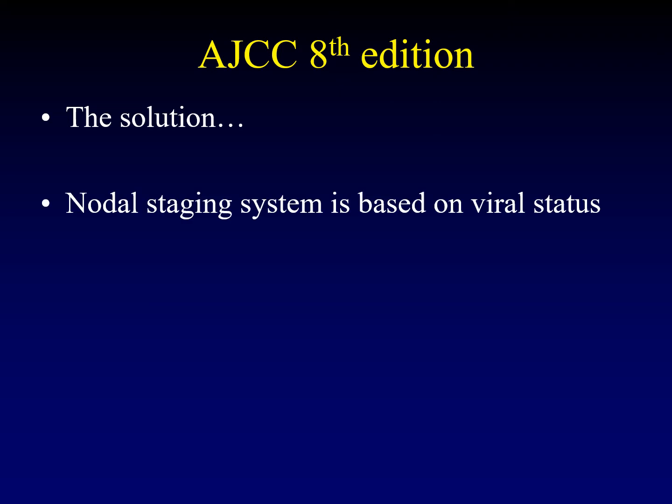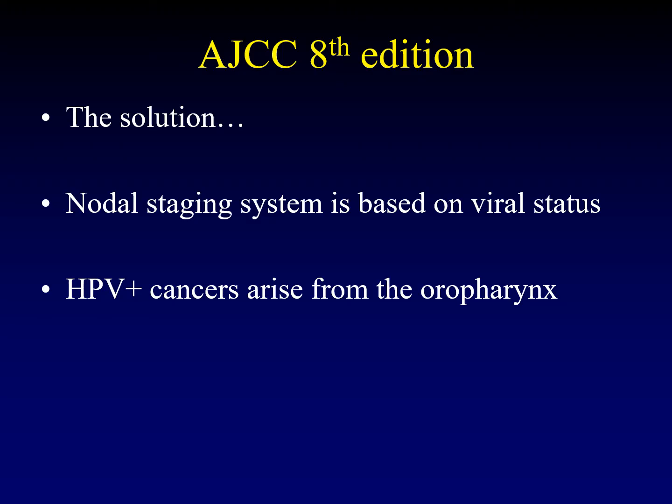So here's the solution. The nodal staging system is based on the viral status of the tumor, and you can figure out the viral status based on the nodal biopsy. HPV-associated cancers are assumed to have arisen from the oropharynx, that is the palatine tonsil or lingual tonsil.